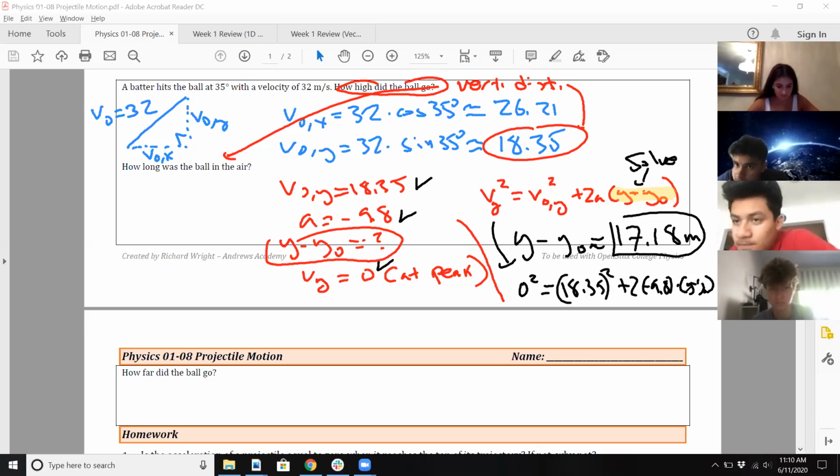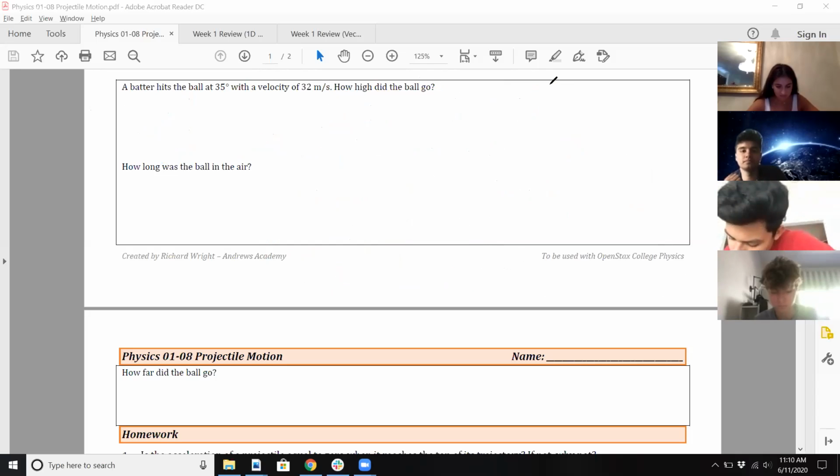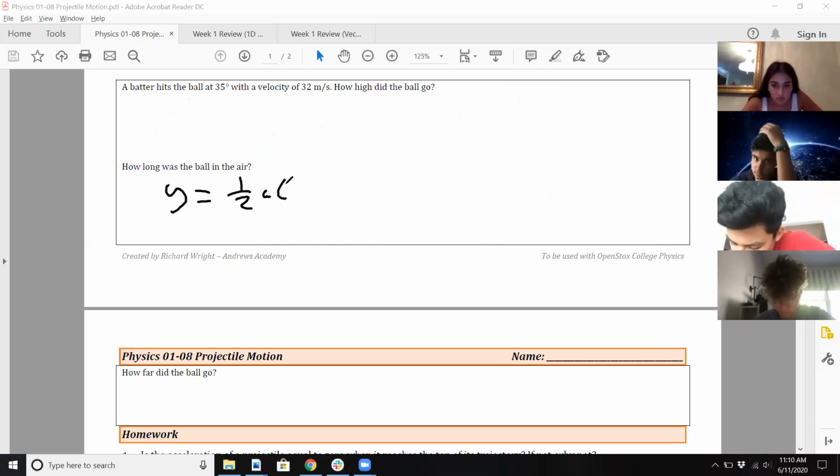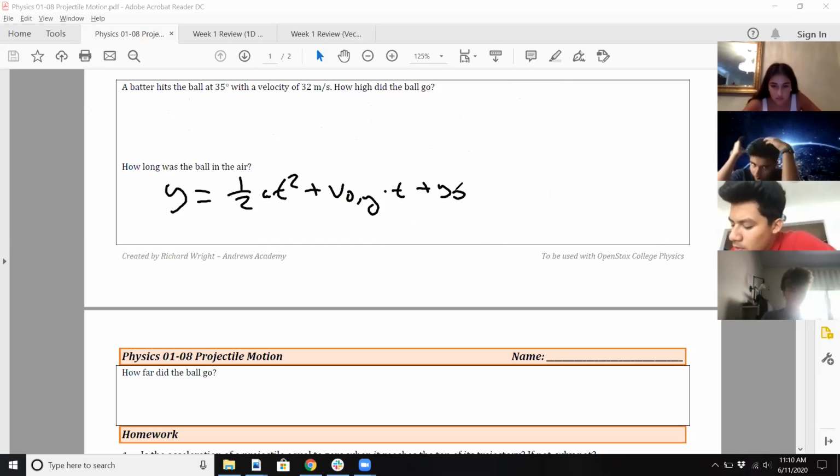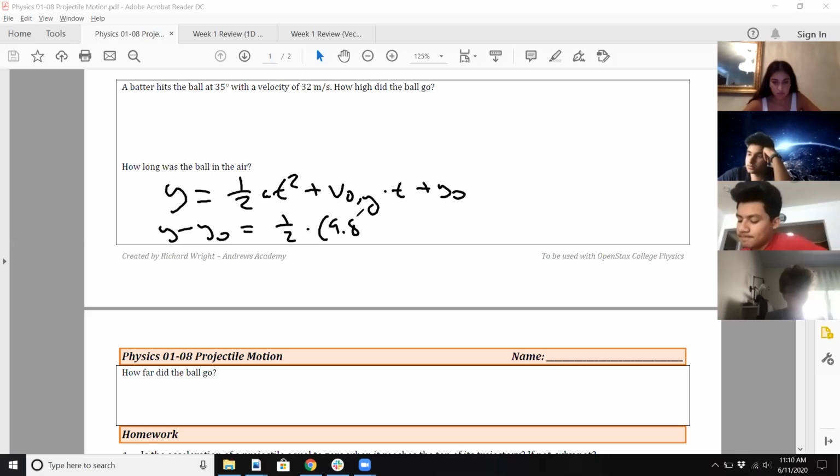So we got to solve for the time. So you could actually just use, so I'm going to clear this right now. So we could use this formula next. Or remember, y minus y0, and I already forgot what v0y was.